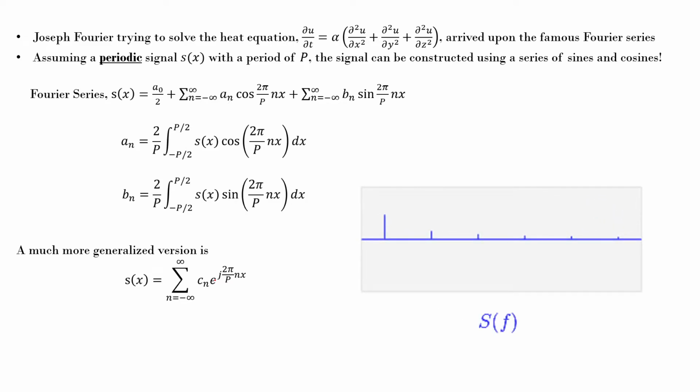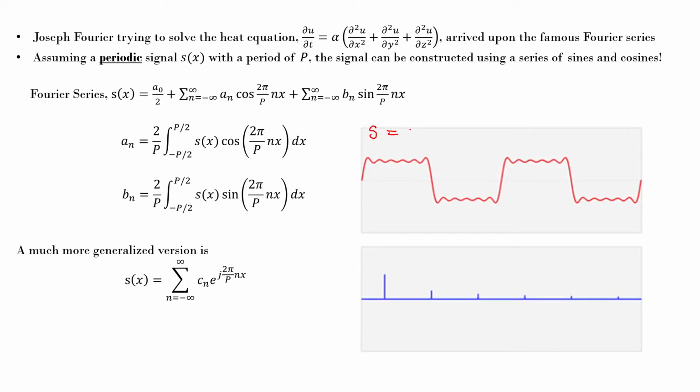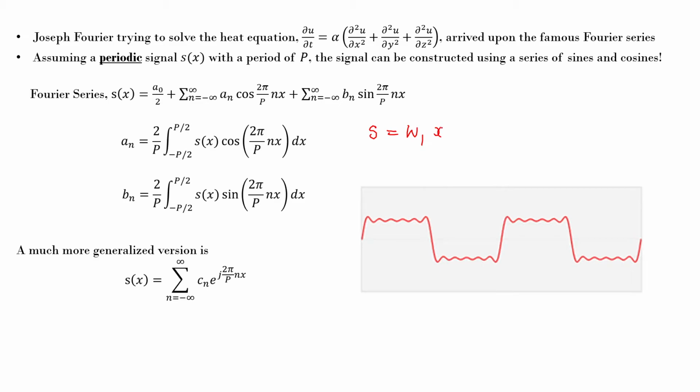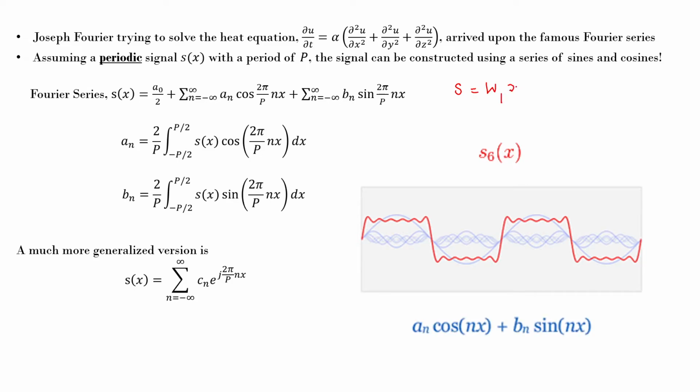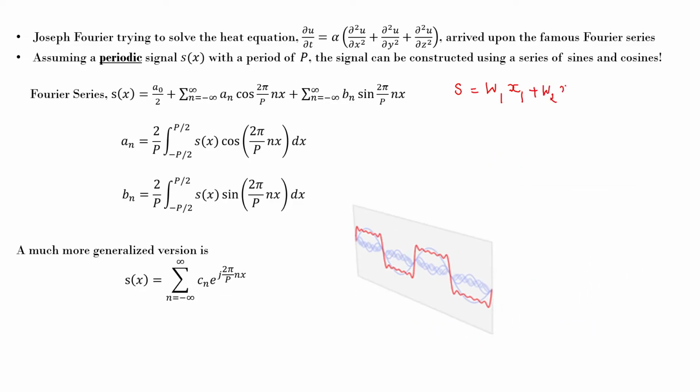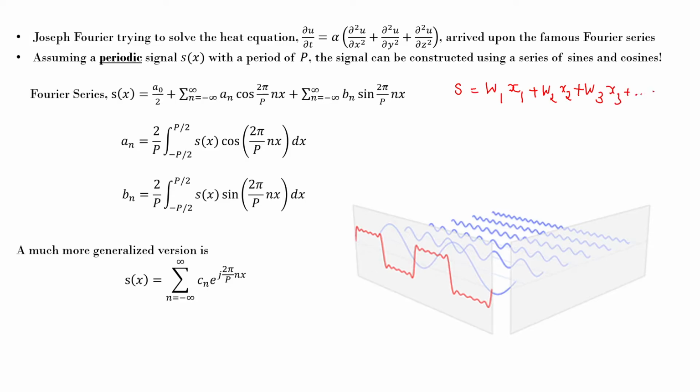So basically, let's say some S is there, and I want to put it in terms of W1 into X1. So S is equal to W1 X1, where X1 is your first frequency sinusoid, plus W2 X2, the second frequency sinusoid, plus W3 X3, and so on up to infinity.